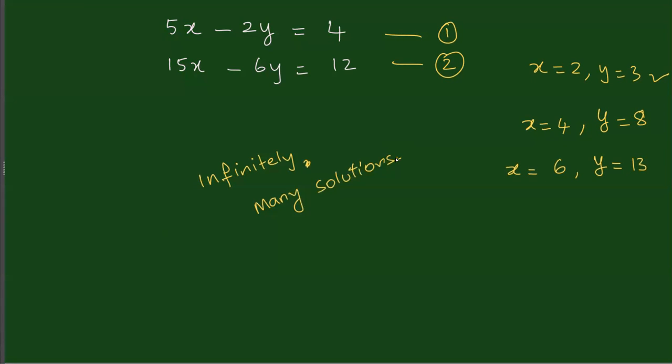But now the question is, by looking at the equations, can we identify when we will have exactly one solution, when we will have infinitely many solutions, and when we will have no solution? Do you think we can identify by looking at the equations? Is there a way to? I think so, but I don't know how. Okay, so we'll do one thing. I'll try to place these equations where we had exactly one solution.